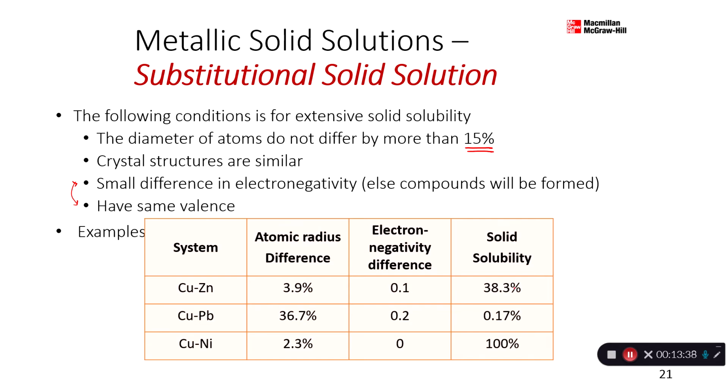Soluble. Only 38.3. That is mostly because the atomic radius difference is bigger. Yes, it is still within 15%, but it's significant. And it has different electronegativity. Hence why it's 38, but it's still very high compared to copper and lead.